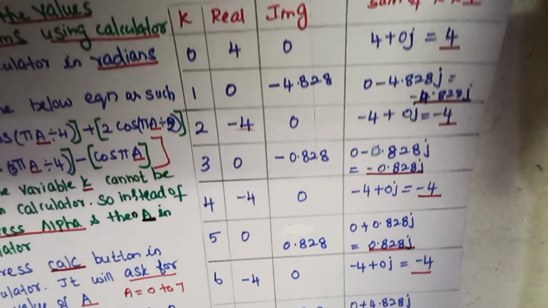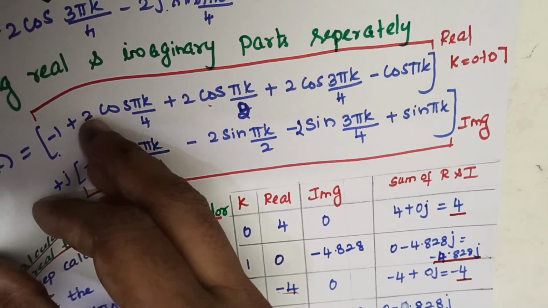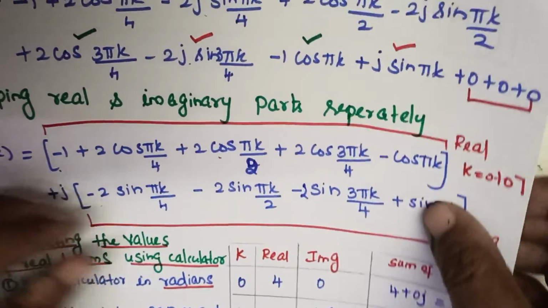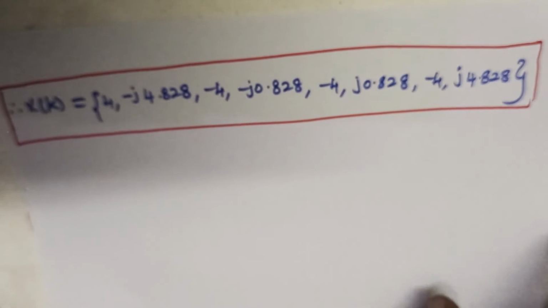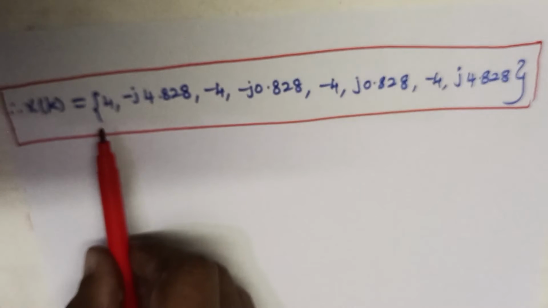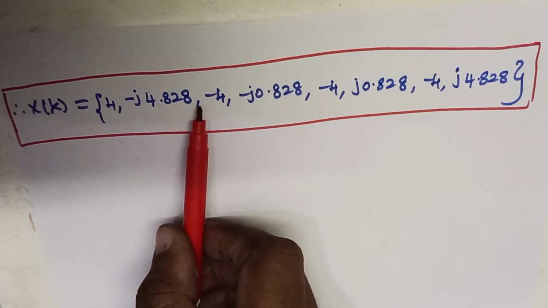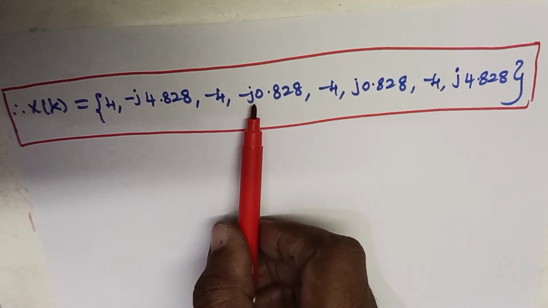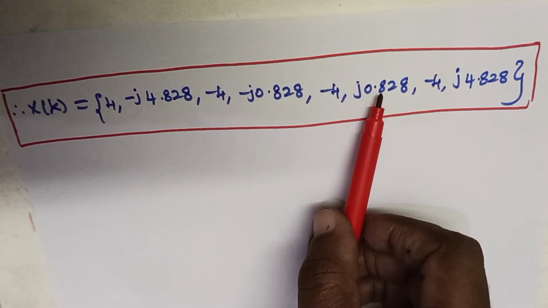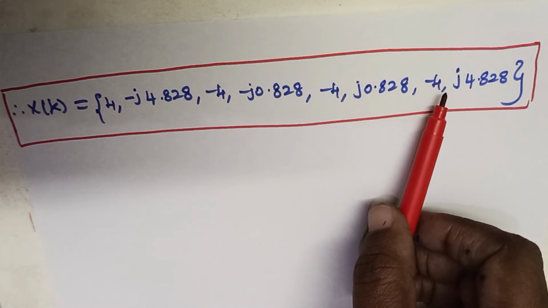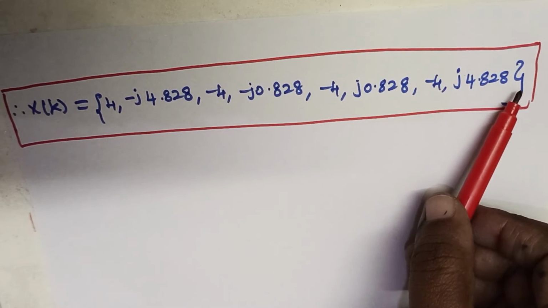So the final answer for this problem is going to be X of k is equal to 4, minus 4 minus j 4.828, minus 4 minus j 0.828, minus 4, j 0.828, minus 4, j 4.828.